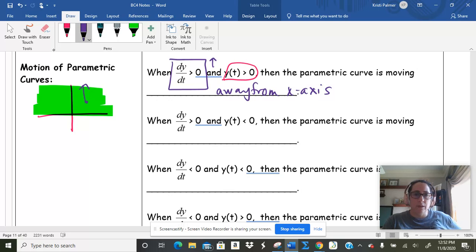So what if I was instead below? So I have some value below, but my derivative is still positive, so I'm moving up. Now I am going towards the x-axis.